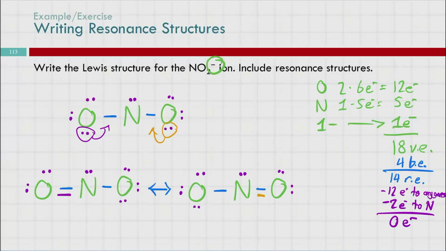What are we missing? Or what did we do wrong? It's got a charge. It's an ion, and so we need brackets. If you don't have the brackets and the charge, it's not complete. Now, complete resonance structures for our ion.